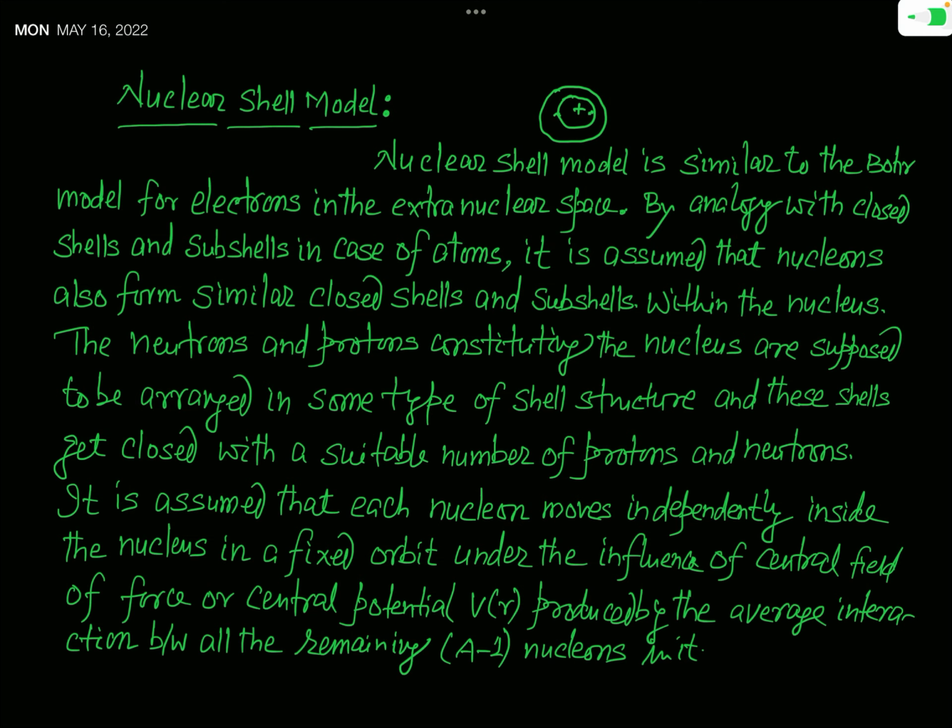On the line of this Bohr model of the atom, a nuclear model for the nucleus has been developed, and that is actually called the nuclear shell model. By an analogy with closed shells and subshells in the case of atoms, it is assumed that the nucleons also form similar closed shells, as the electrons form closed shells and subshells.